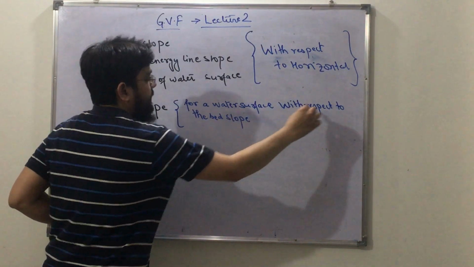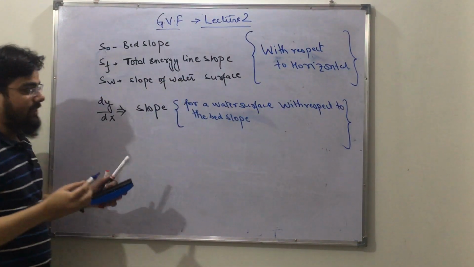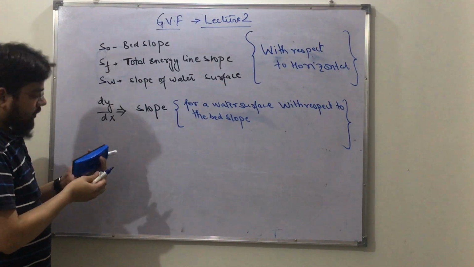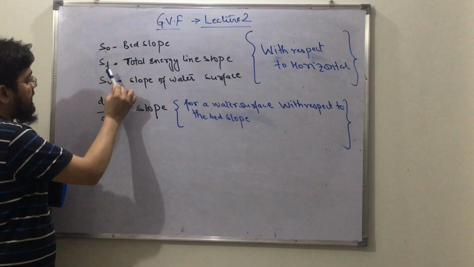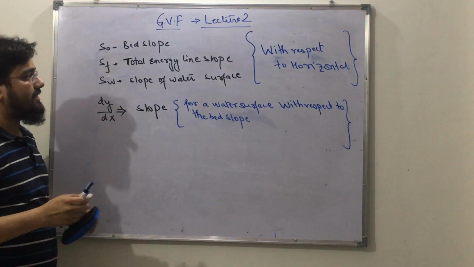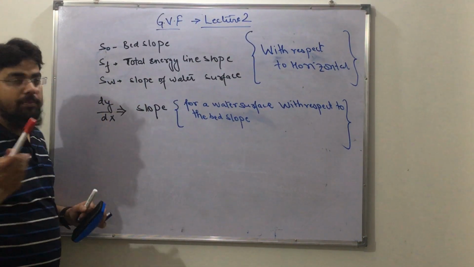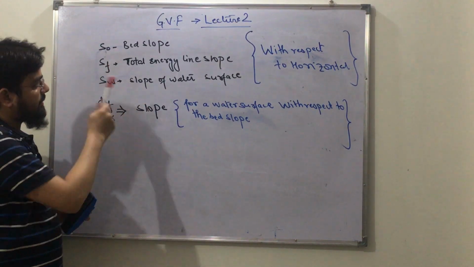With respect to the bed slope. This is very, very important. Now in a single figure we will see all these values, S0, SF, SW and dy by dx, how they are measured and what they are. I hope you are preparing the notes. Just write it down. I will be rubbing all this out.